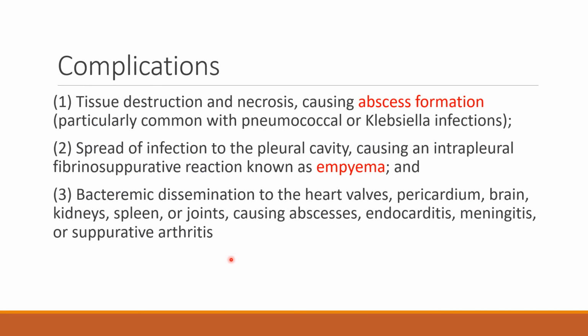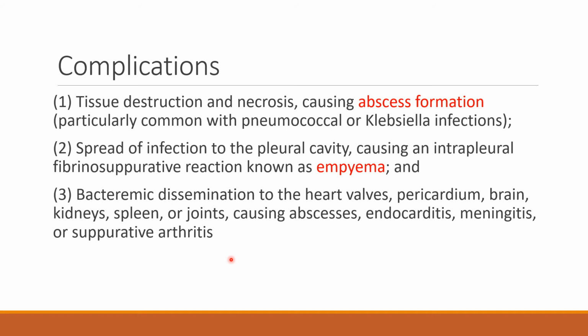And complications of this pneumonia. So first is abscess formation. This reaction leads to tissue destruction and necrosis, and that leads to abscess formation, which is common with pneumococcal and Klebsiella infections. Second is spread of infection to the pleural cavity, which causes the intrapleural fibrinosuppurative reaction that is known as empyema.